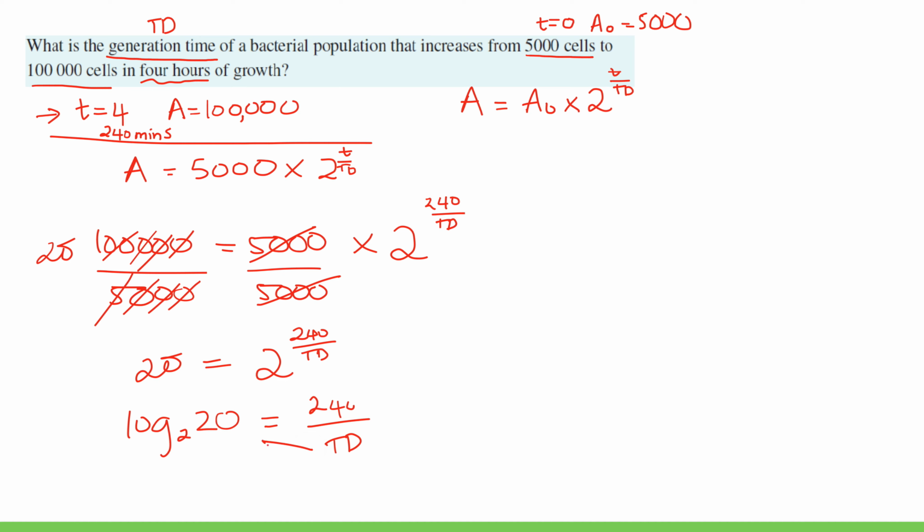And then to get TD to the top, I just multiply it over and divide by log 20. So TD will equal 240 on log 2 of 20. This, of course, is a value that I can't work out in my head.